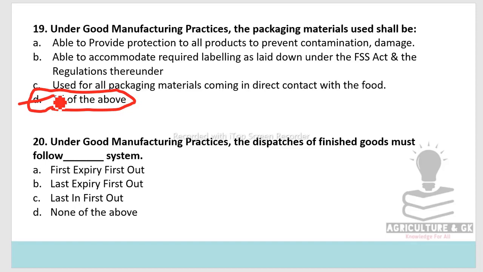So we should follow first expiry, first out. So whichever product is about to expire first should be dispatched first. So our answer will be option A. The dispatches of finished goods must follow first expiry, first out system.